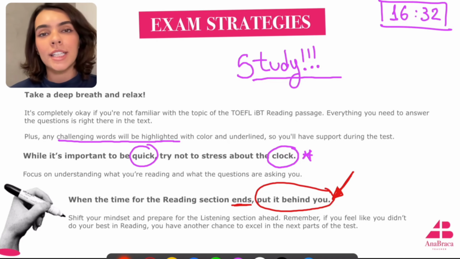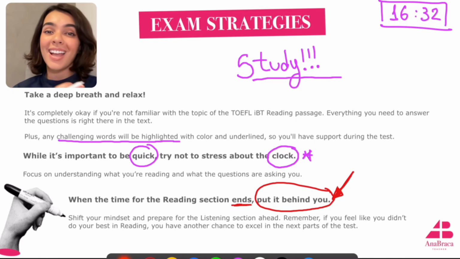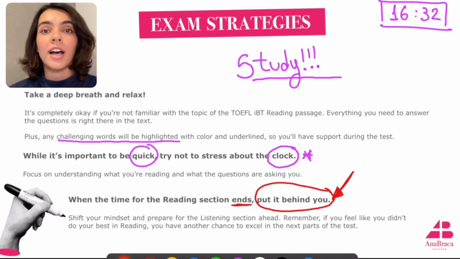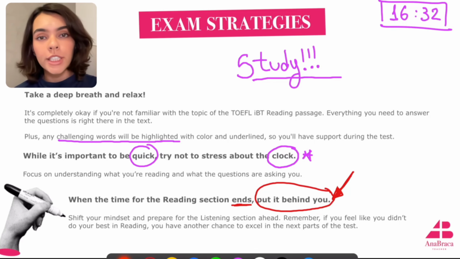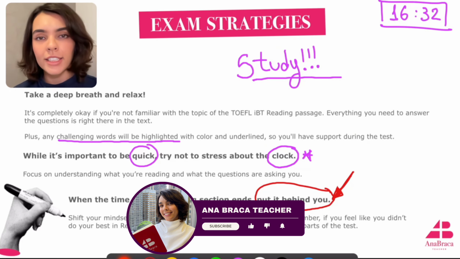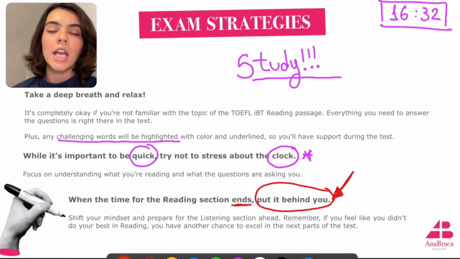But why do I say that? And this happened to me in my first TOEFL when I was 20 years old. I felt I didn't do so well in the reading, and then this affected the whole rest of my test because I was very nervous and I felt like, oh, I did very badly in the reading. And this affected directly my listening, which affected directly my speaking.